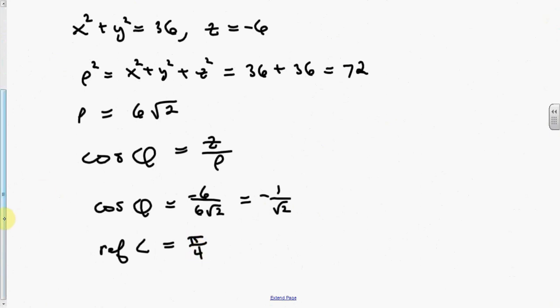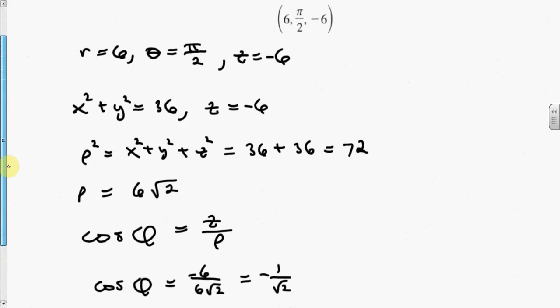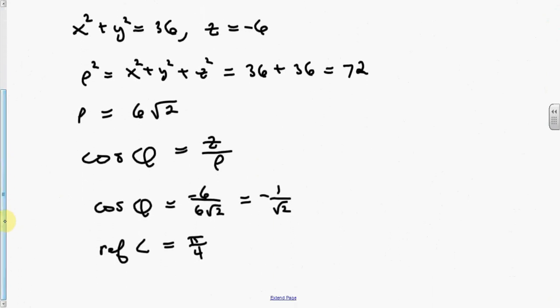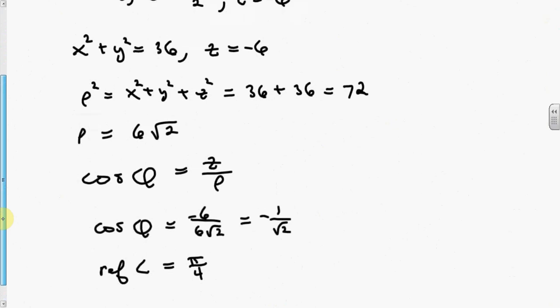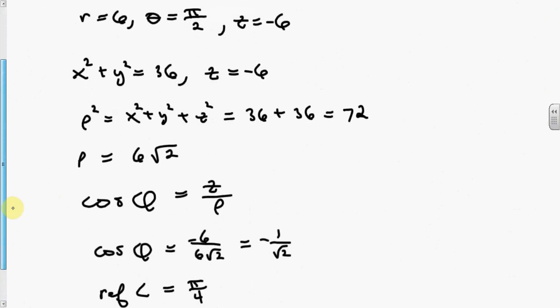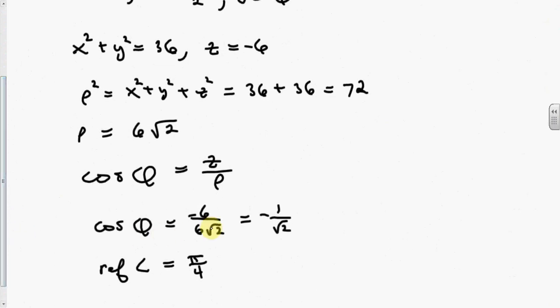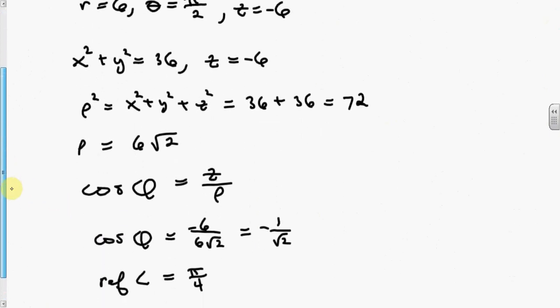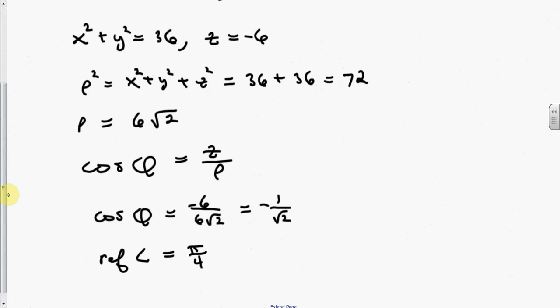And so now we look to see where cosine is negative. What about sine as well? Because for cosine negative, x negative, that could either be in the second or third quadrant, right?